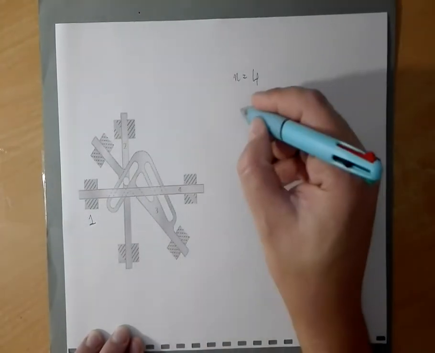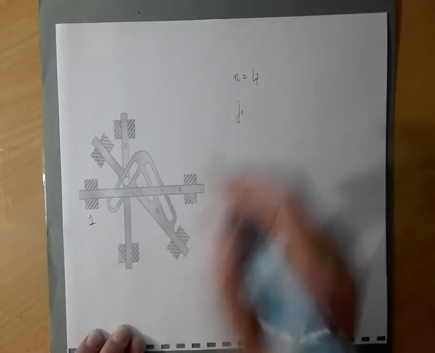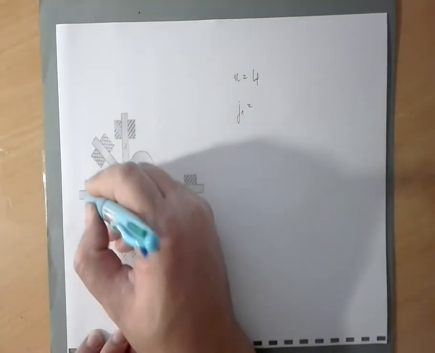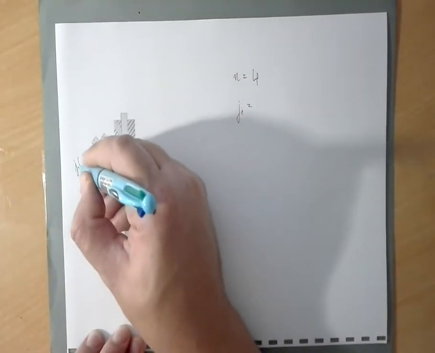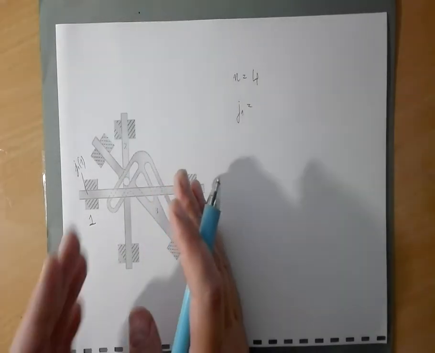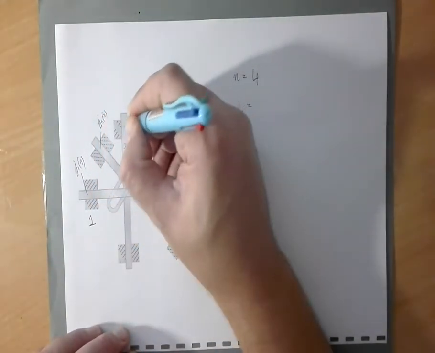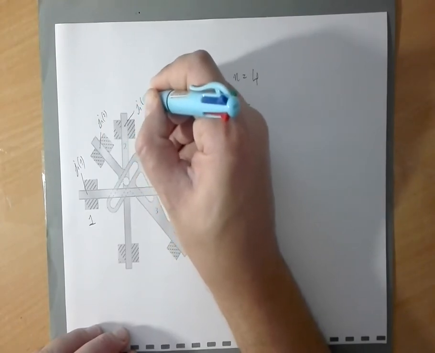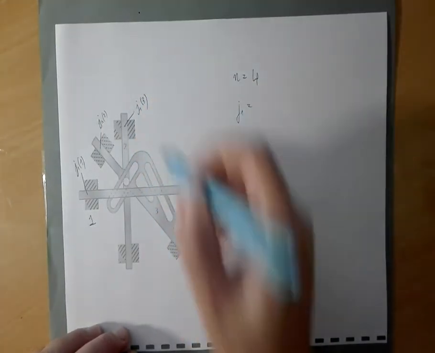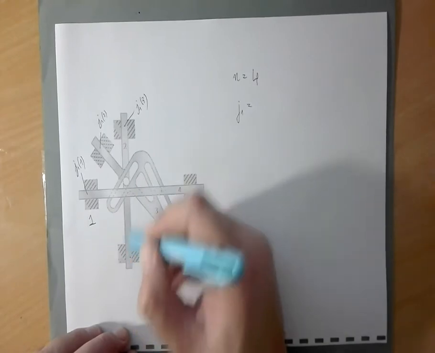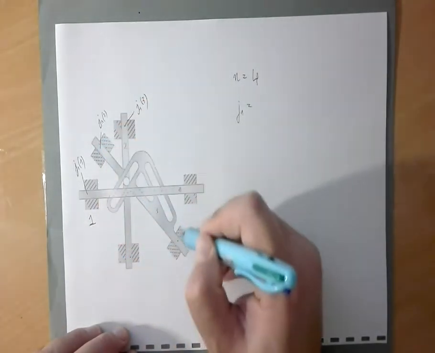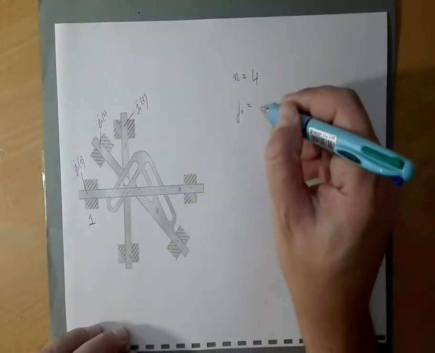How many j1 do we have? 1 degree of freedom joints. We have here j1 1 from the most left, the second j1 2, and j1 3. So we have 3.